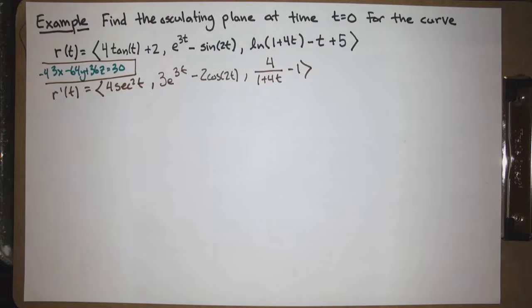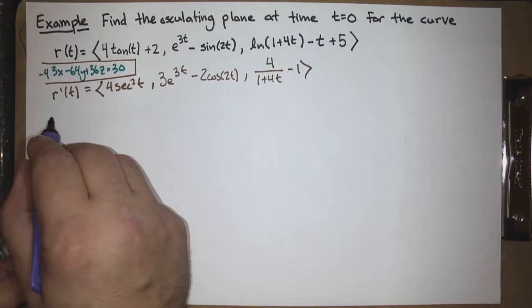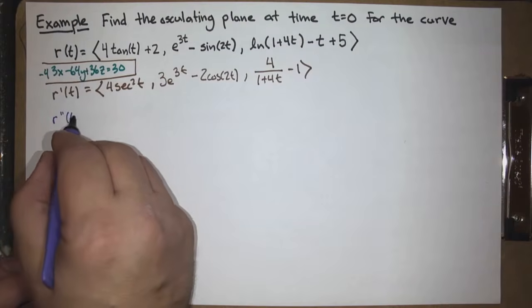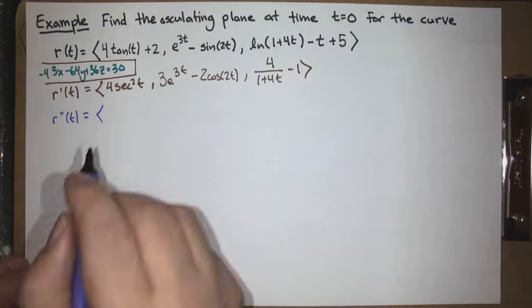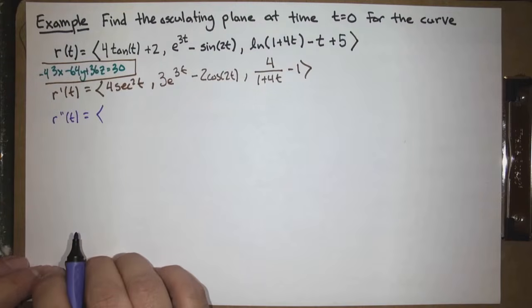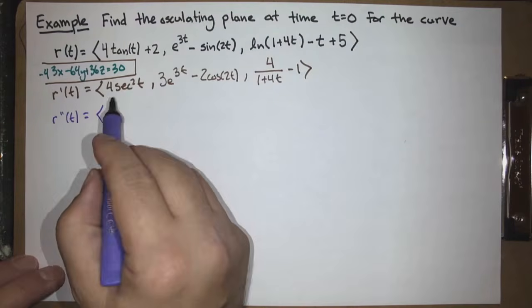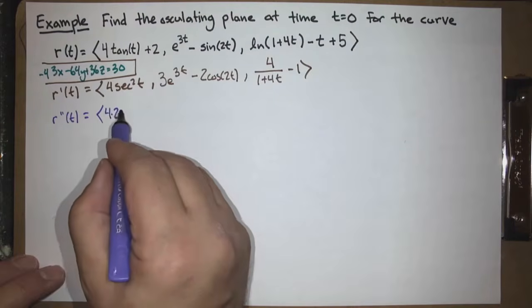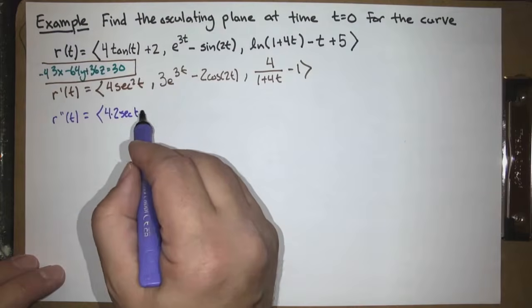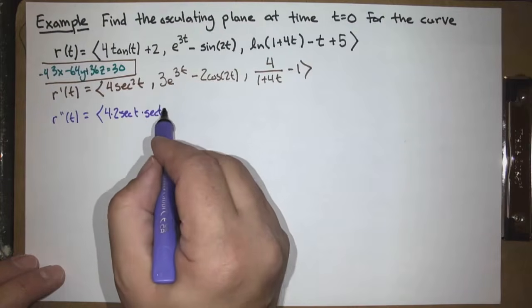Now, second derivative. How does one take the derivative of secant squared? What's the rule you need? Chain rule, because it's secant inside the square. So the 2 will come down. So this is 4 times 2 times secant times the derivative of secant, which is secant tangent.